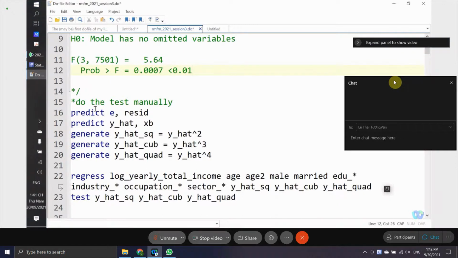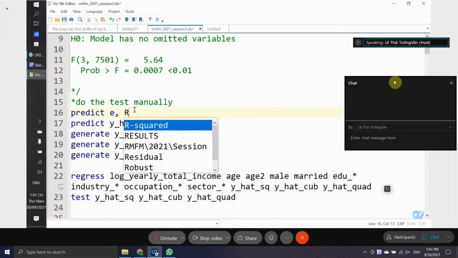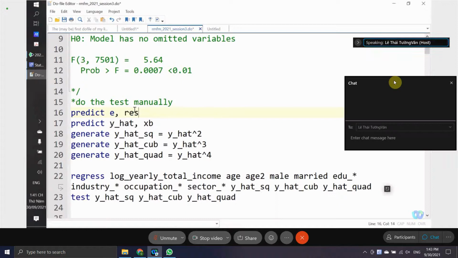Now, the first thing is we make some predicted values. If I run the command predict e, residual, what do I get? And this is a lazy way of writing it. If I even type res, the model would understand that I need the residual.